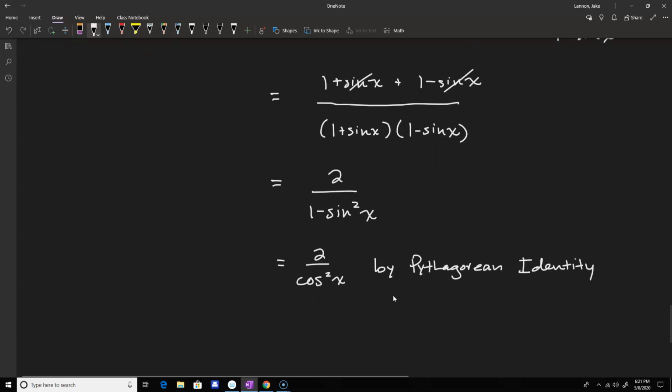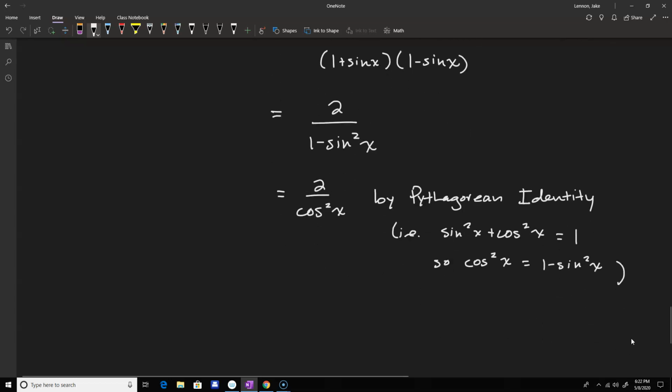Right? So in particular, sine squared x plus cosine squared x equals 1. So cosine squared x is 1 minus the sine squared of x.